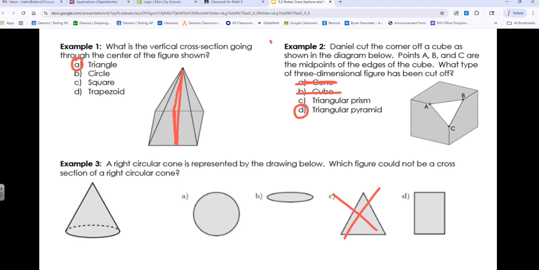What other ones? What do you think, Samara? D. Is D your answer? I'm not sure about that. How would we cut it to get a rectangle? It wouldn't. How would we cut it to get a circle like A? How would we karate chop it? Everybody show me your karate chop to get that one.